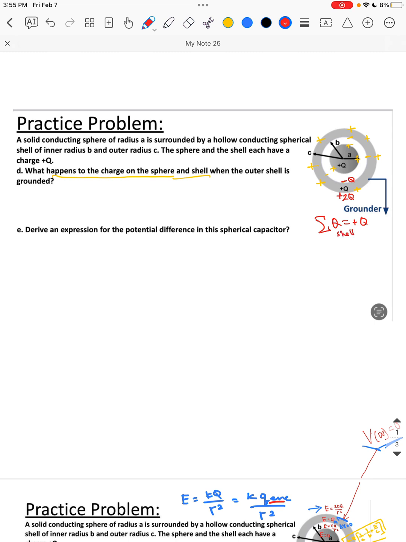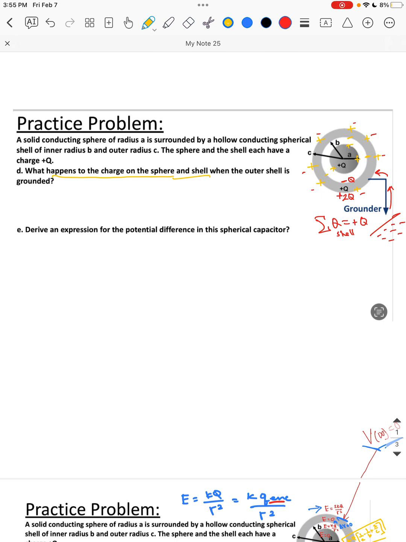All right, by grounding it, the ground is a reservoir of endless negative and positive charges, but we know that only negative charges move. So these excess positive 2Q charges on my surface will attract the same amount of negative charges to neutralize that surface.